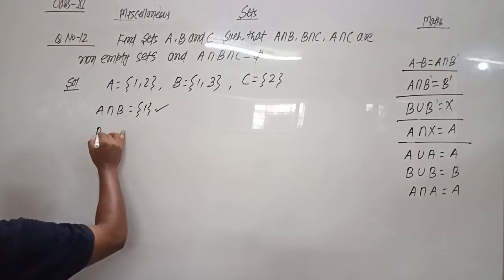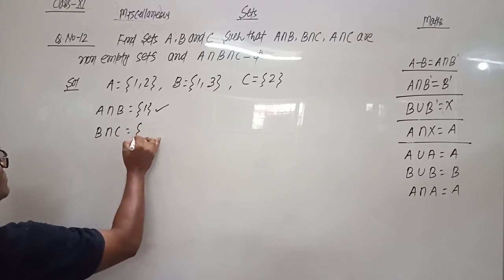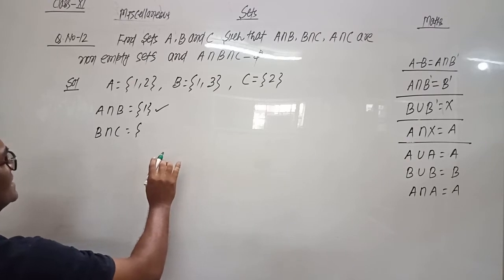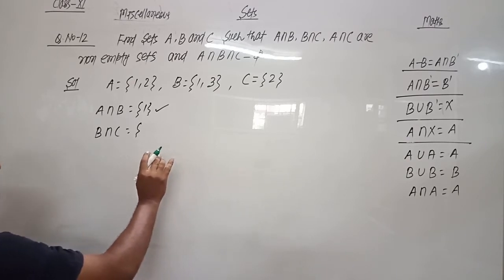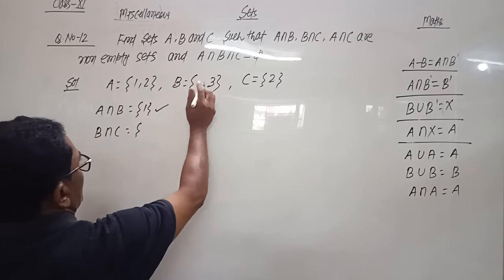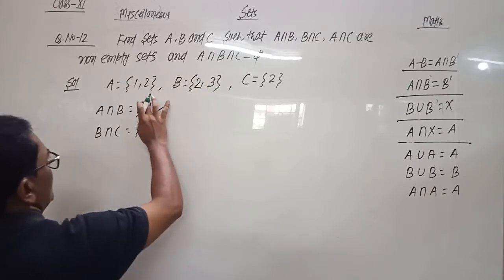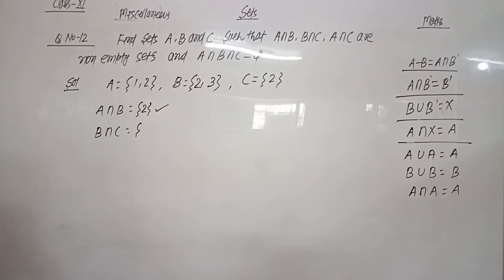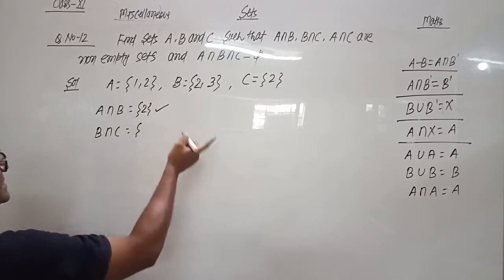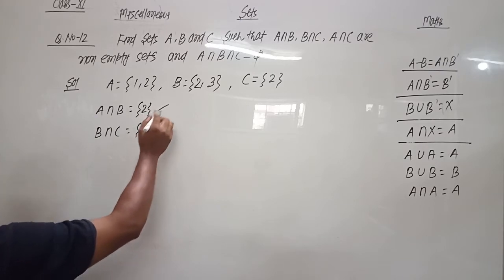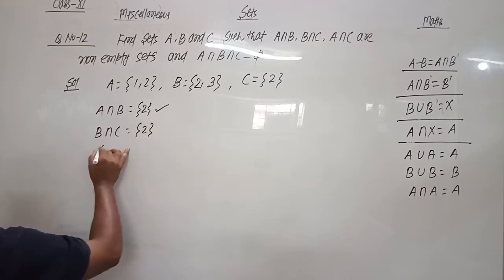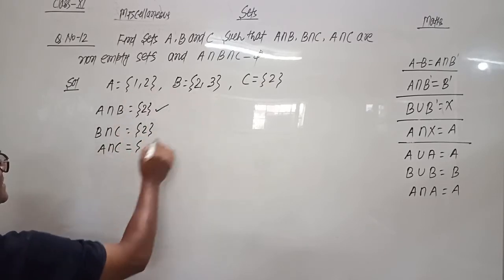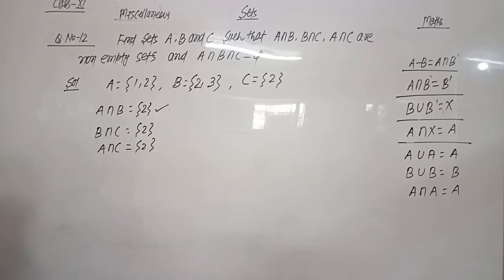Then find B intersection C. Let us take B as 2, 3. So A intersection B is 2, B intersection C is 2 and A intersection C is also 2.